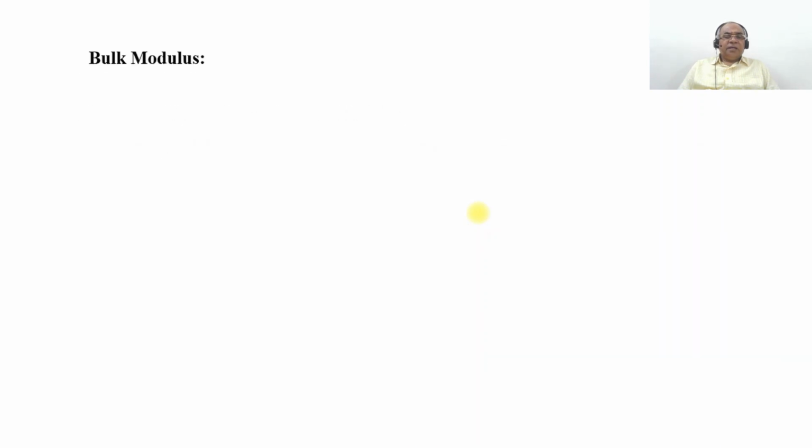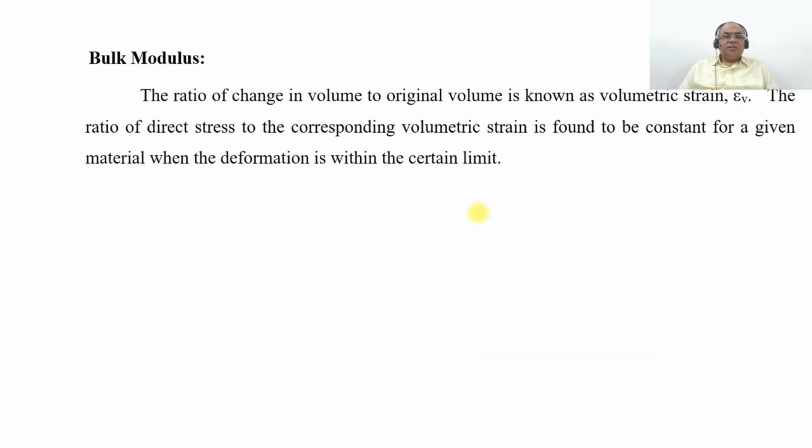Similarly, we take the bulk modulus. The ratio of change in volume to the original volume is known as the volumetric strain, which is epsilon V. And the ratio of direct stress to the corresponding volumetric strain is found to be constant for a given material when the deformation is within the elastic limit.